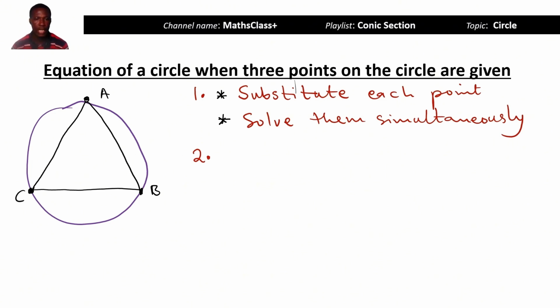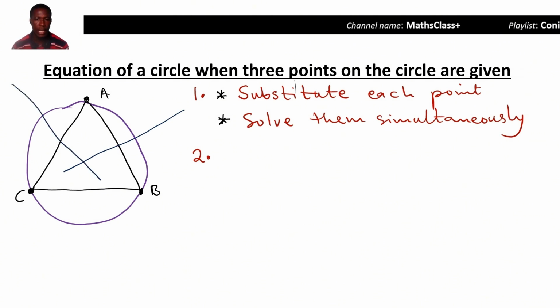So for instance, in the diagram drawn, we can bisect side AB like this. We can bisect side AC like this. And our center will be the point of intersection of these two bisectors as shown here, like this.